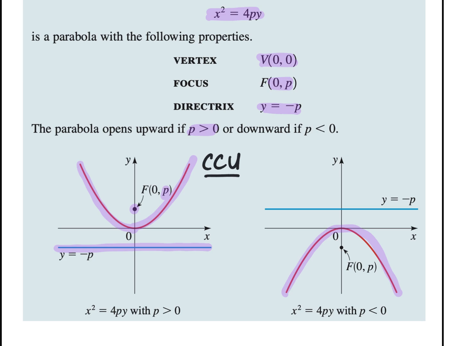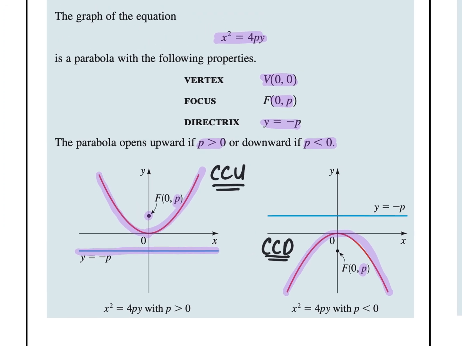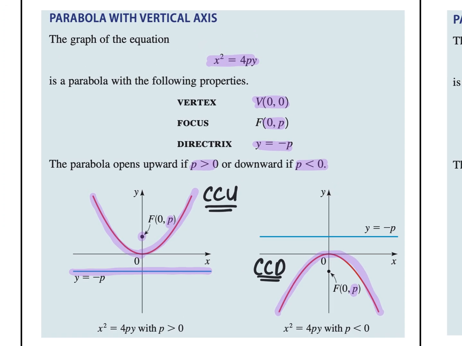While when it opens downward, just like in this case right now, the value of p is less than 0, so we term that concave down. These are the terminologies that we used when we were dealing with our basic understanding of quadratics in your lower years.